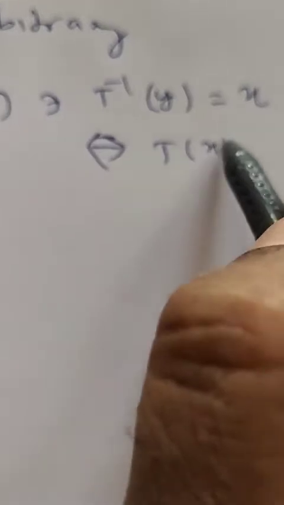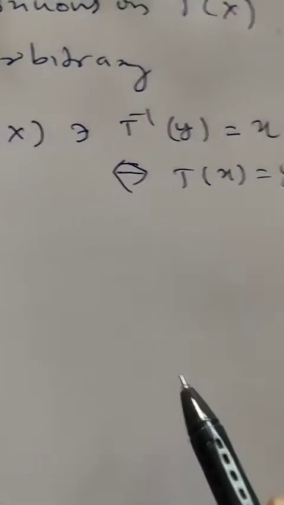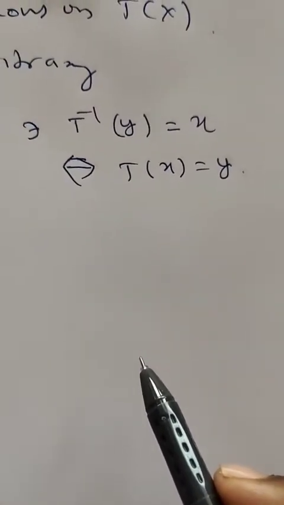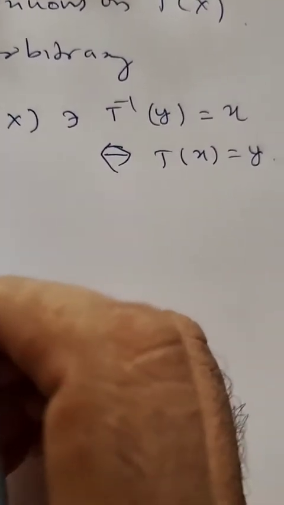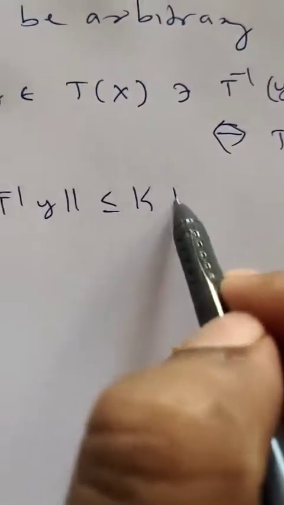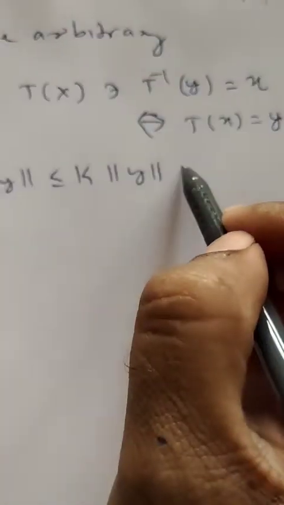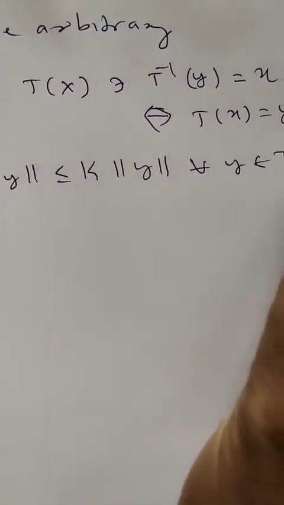This happens if and only if T of x is equal to y. And since T inverse is continuous, it is bounded. Therefore, norm of T inverse of y is less than or equal to k times norm of y for every y belongs to T of X.